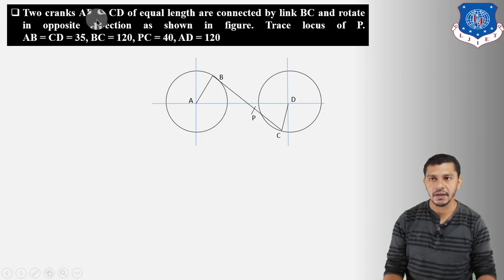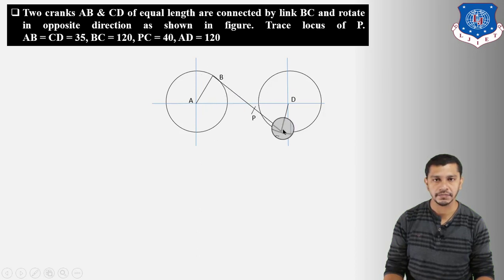Two cranks AB and CD of equal lengths are connected by link BC and rotate in opposite direction as shown in the figure. In this mechanism we have 4 joints. First joint is at A, second joint is at B, third is at C, and fourth joint is at D. That's why this mechanism is known as 4-bar chain mechanism.